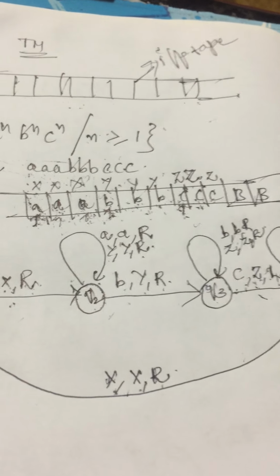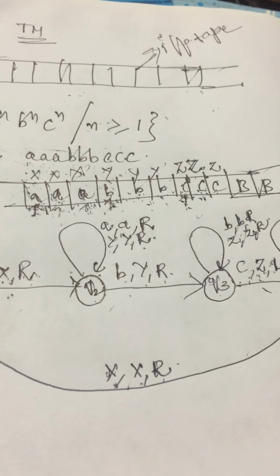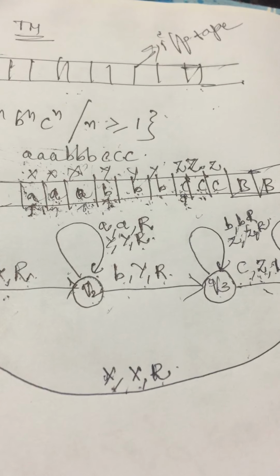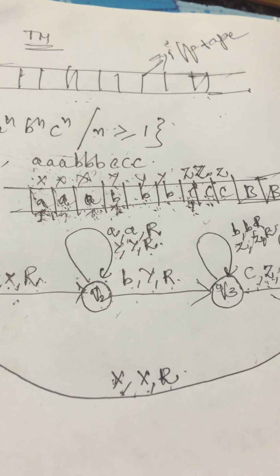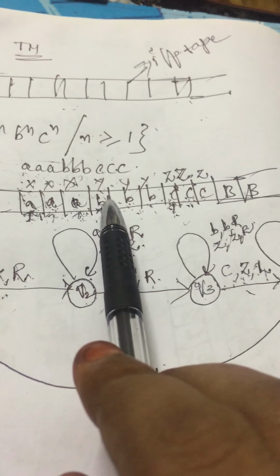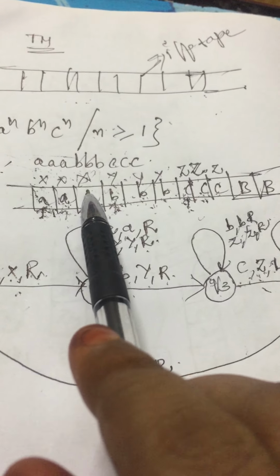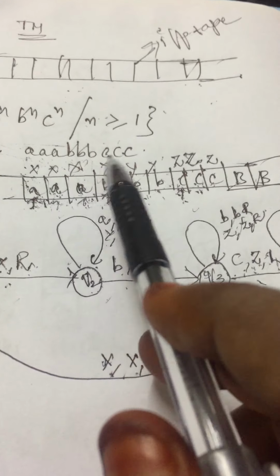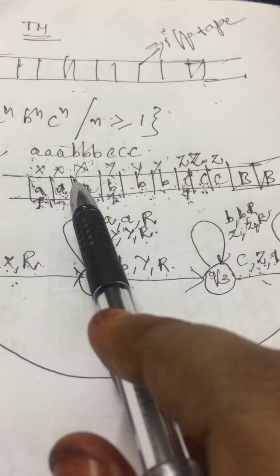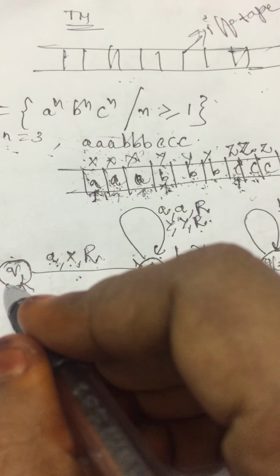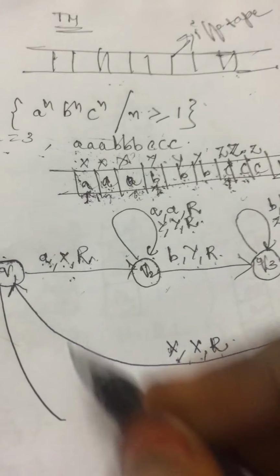So now when will the process end? Till the controller finds the blank symbol, the process will be going on. So what happens when the controller finds a Y symbol after this X? You have to write that.